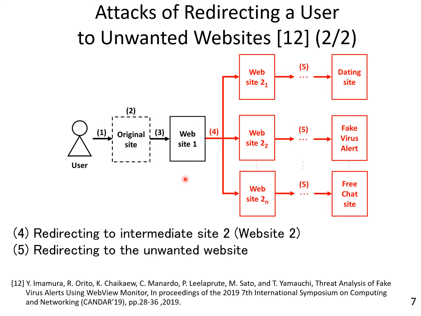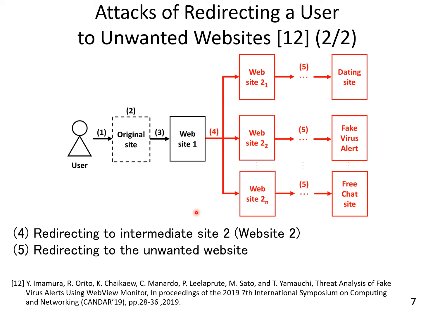Intermediate site 1 redirects the user to intermediate site 2. There are multiple intermediate sites of redirect destination. This redirection uses a JavaScript code, for example, window.location.replace. This JavaScript code can redirect the user to the specified URL without leaving a trace in the browser's history.